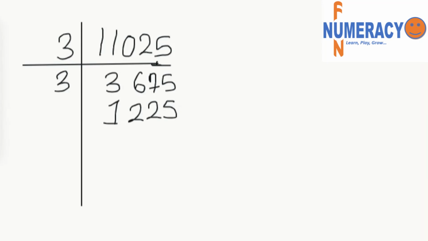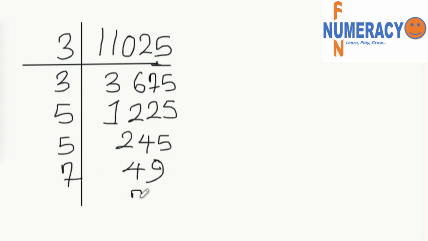Now it's divisible by 5 because it ends with a 5, which will give us 245. We divide by 5 again, which will give us 49. And now we divide by 7, which will give us a 7, and 7, which will give us a 1.